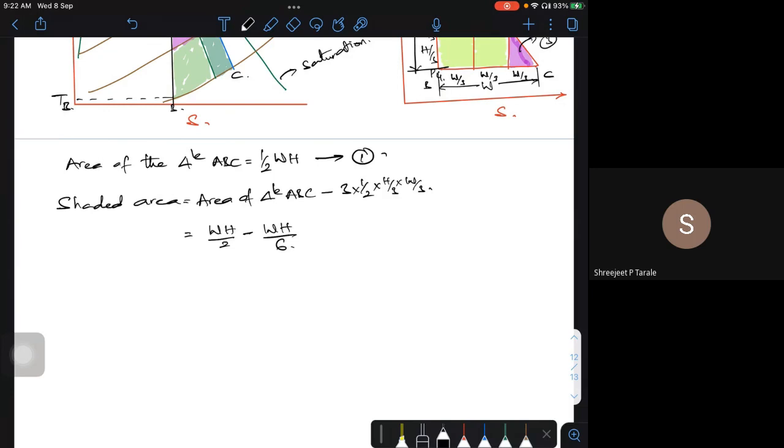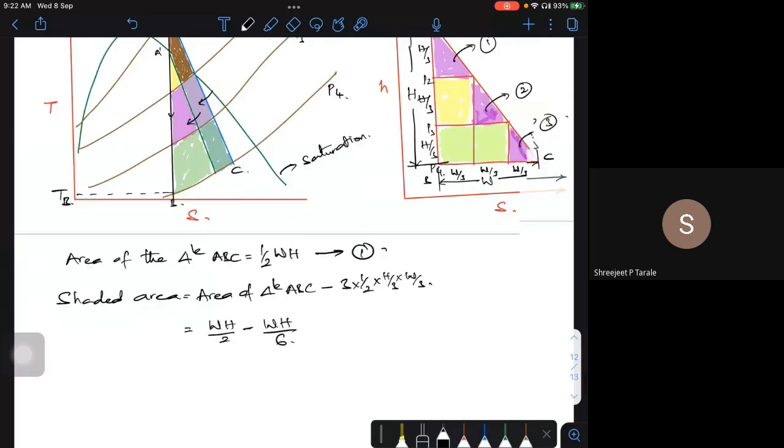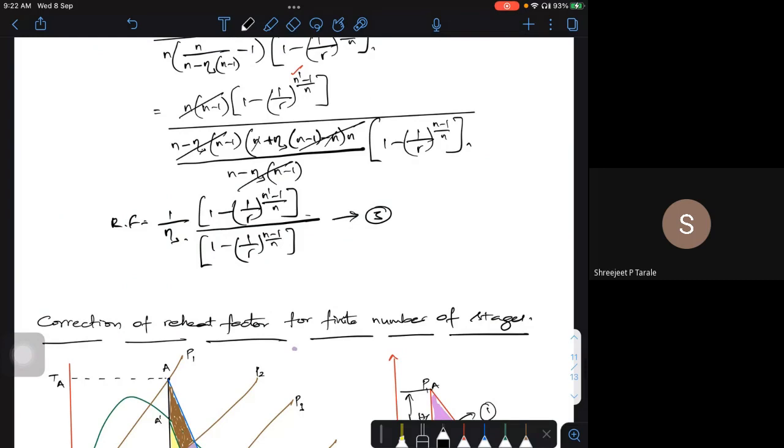Okay. So this particular area, what I am looking at: the reheat factor that I consider for an infinite number of stages or a finite number of stages.